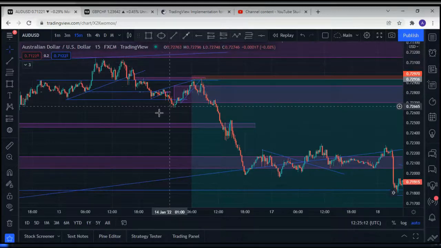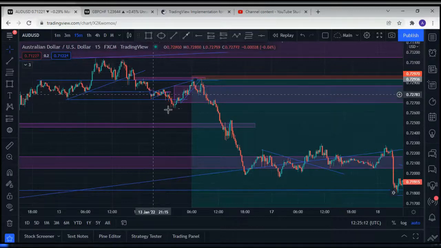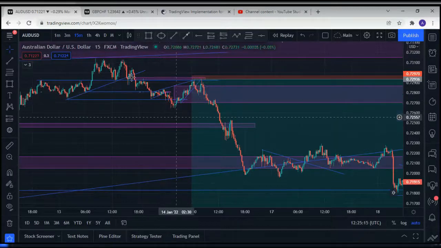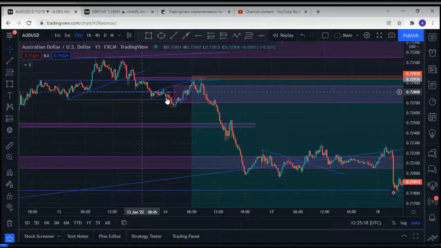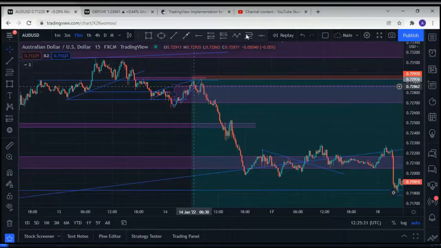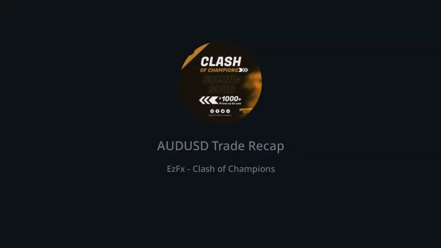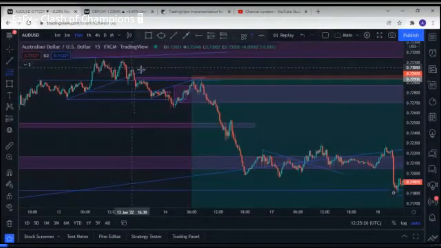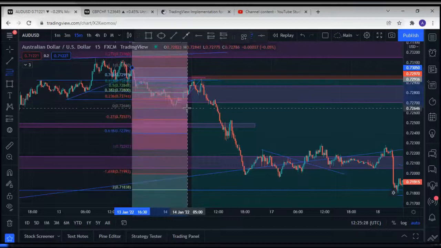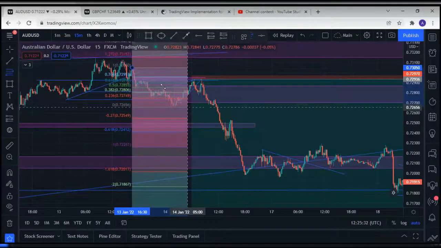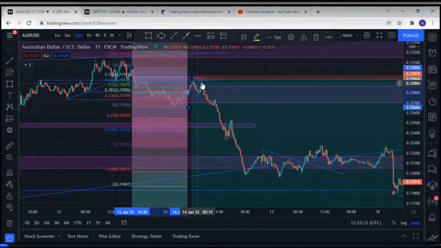After breaking all of this, in order to rebalance the structure and the market, price came back for a retest, and using the Fibonacci, we discovered that price came back to retest another of my premium levels, the 61.8 level.